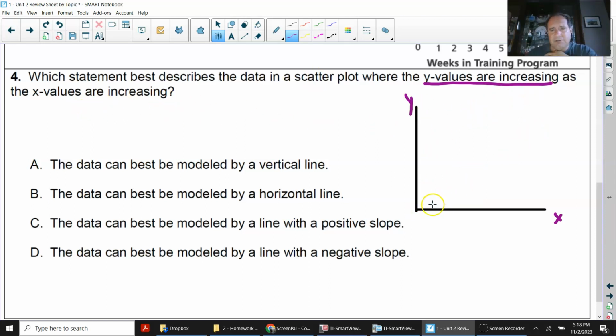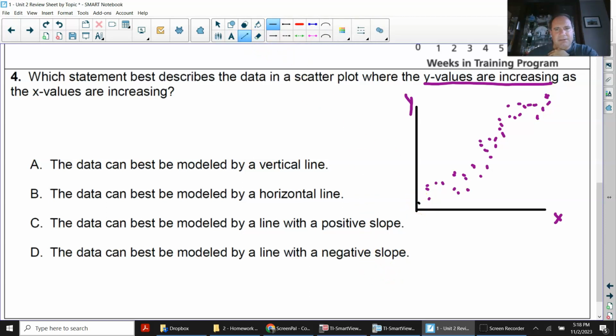So the x is increasing, and the y is increasing as well. So that's what that looks like. We're going to have a trend line that looks like that.